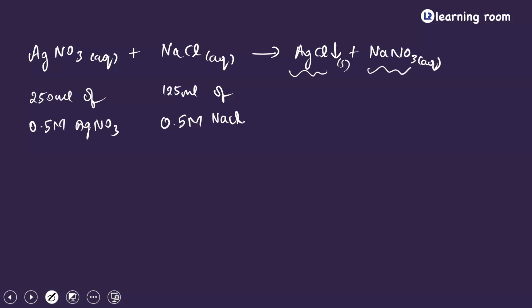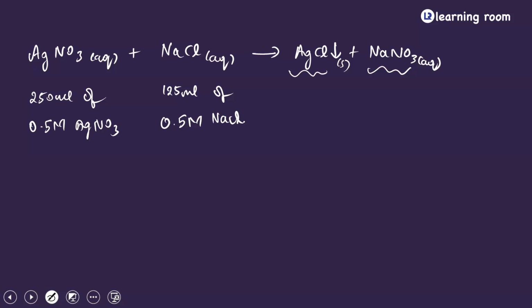Will the number of Ag plus and NO3 minus ions in the mug be the same as in the drum?